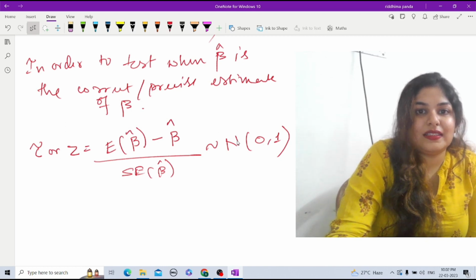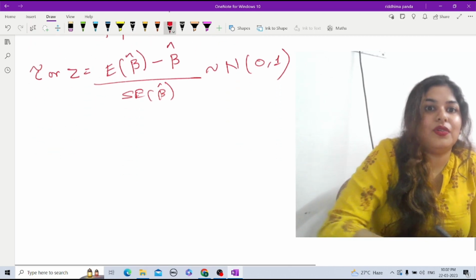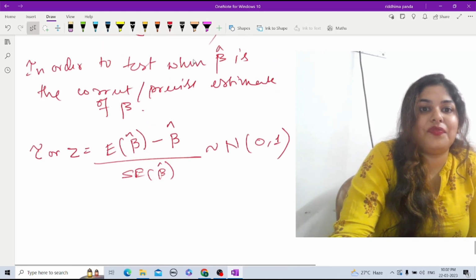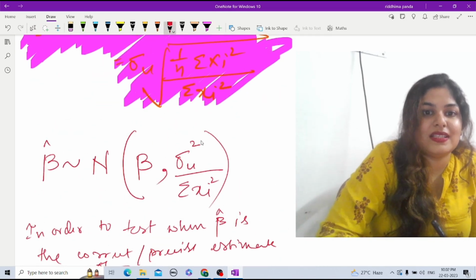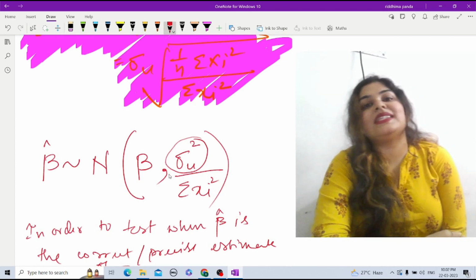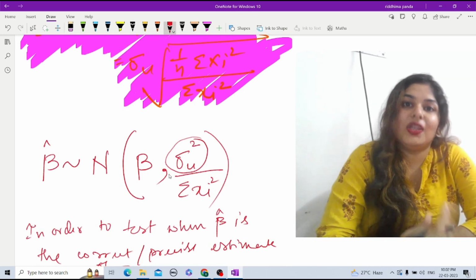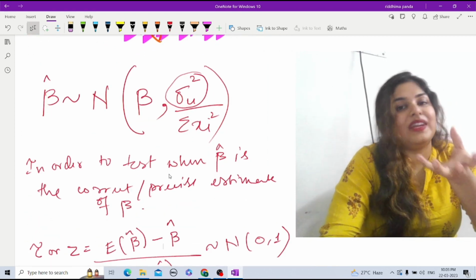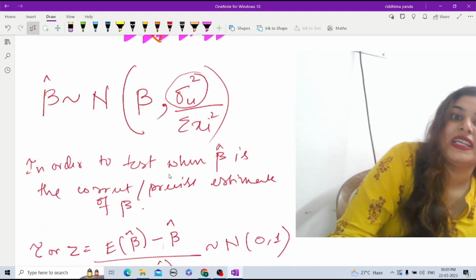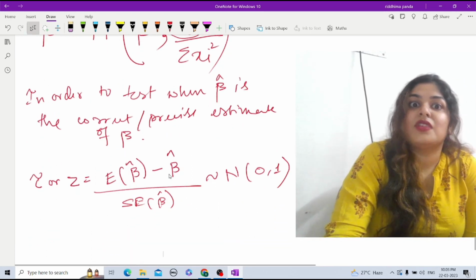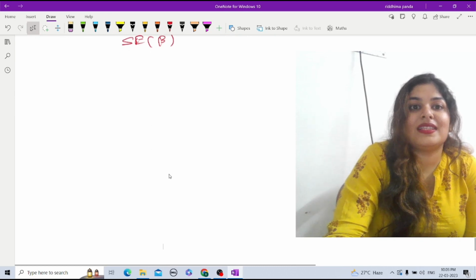But here we know that the standard error of beta hat contains sigma u. So sigma u is actually unknown, because it is the standard deviation of the unobserved values, right? So what is this case?